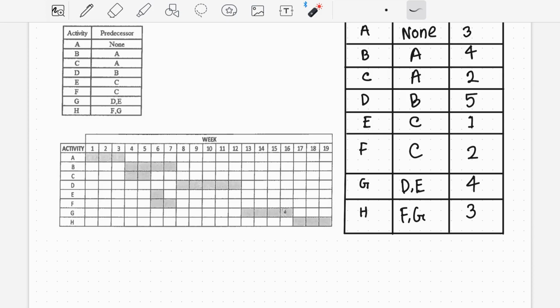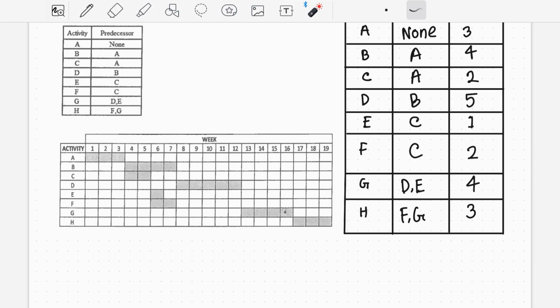So that means A doesn't have any previous activity that it depends on.